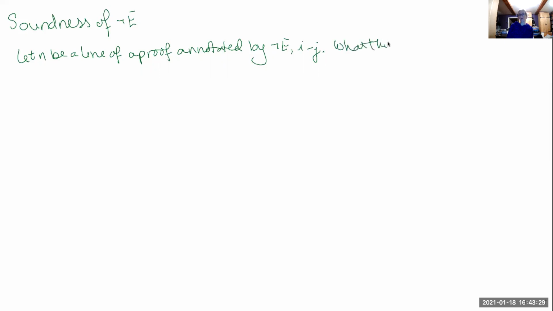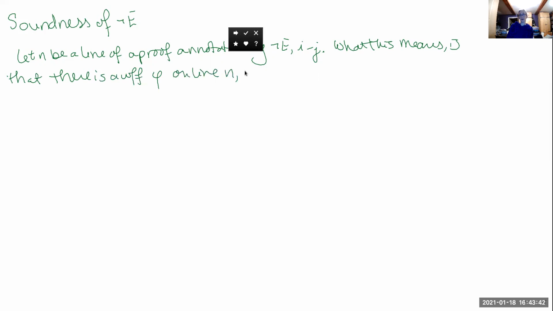So what this means, another way of saying this, is that there is a well-formed formula phi on line n where not phi, because remember, we're going to be eliminating that negation, not phi occurs on line i as an assumption.